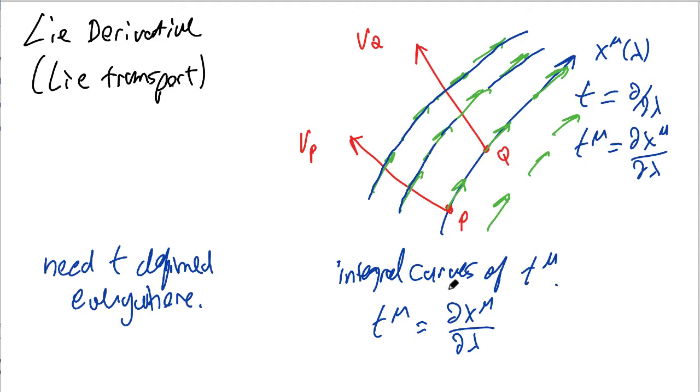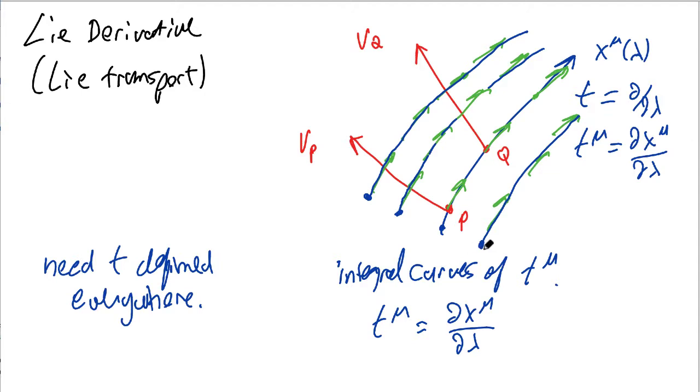So for example, if we start with our initial conditions, say right here, and integrate forward in lambda, we find this curve. If our initial conditions have us starting here, then integrating these equations, we have this curve, and so forth. So depending on the initial conditions, we get a different curve.